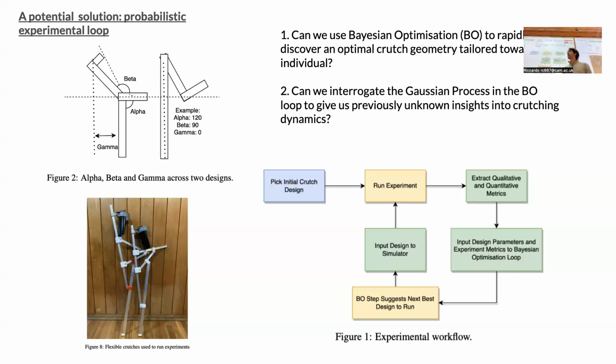So how can we do that? First of all, you can break down a design of a crutch into three main parameters. Your angle beta, which is the angle from the horizontal arm grip to the diagonal forearm placement. This is the angle beta.